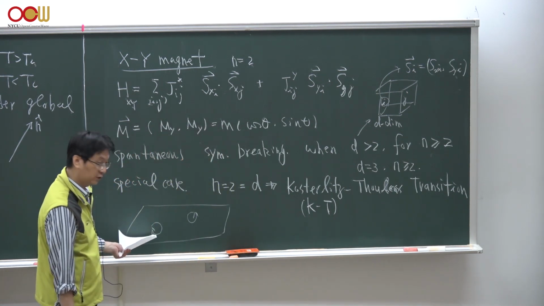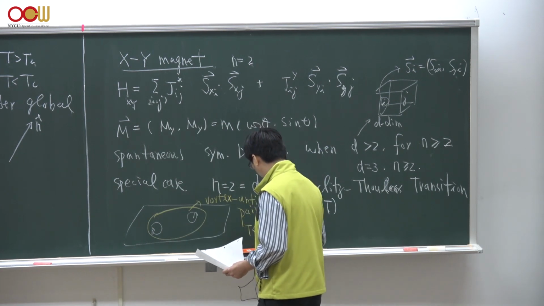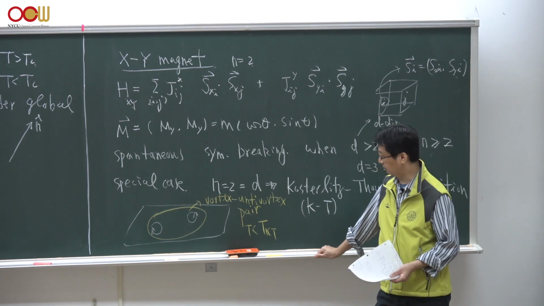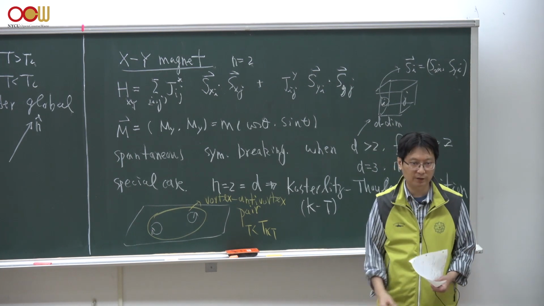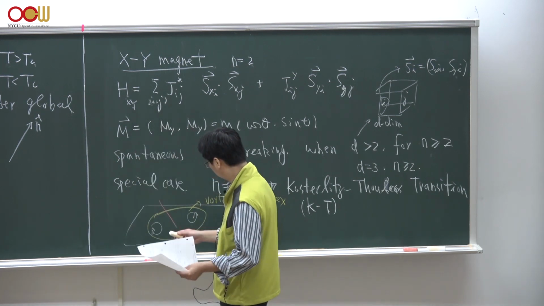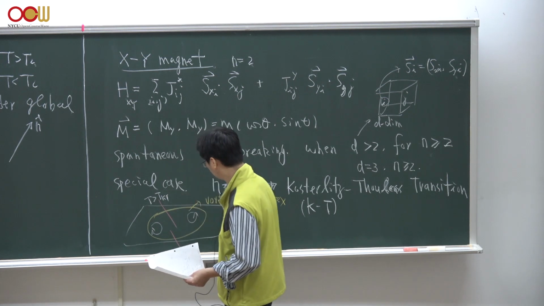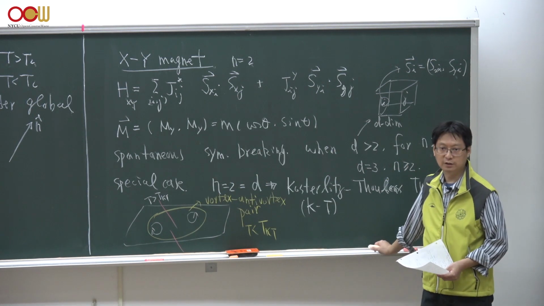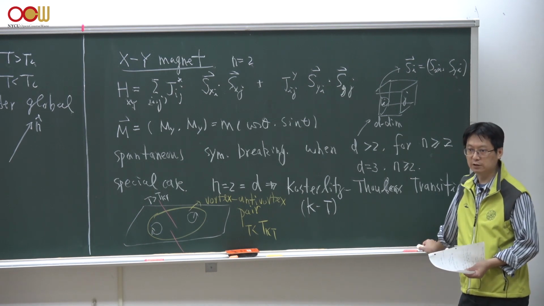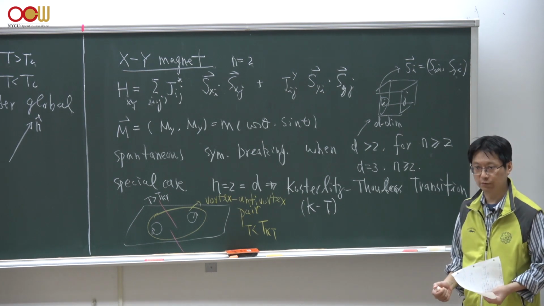These vortex and anti-vortex actually form pairs at low temperature, below the KT transition temperature. But above the KT transition temperature, these vortex anti-vortex pairs are unbound, so they can propagate and move freely. That transition is a very special transition, as we mentioned last time. The correlation length usually diverges in a power-law fashion as a function of T minus Tc.